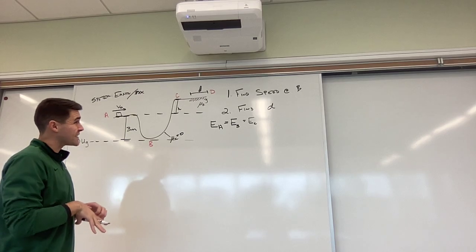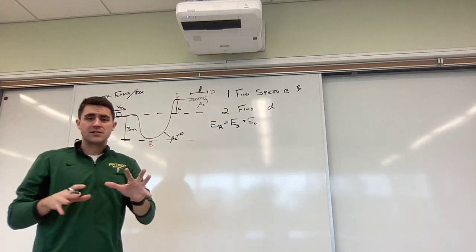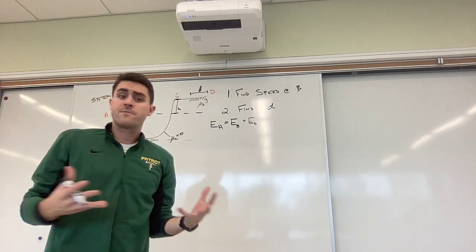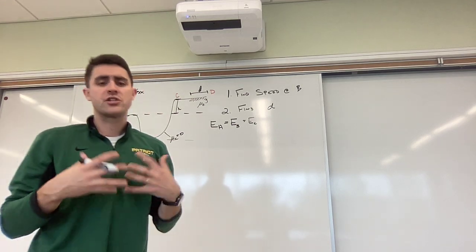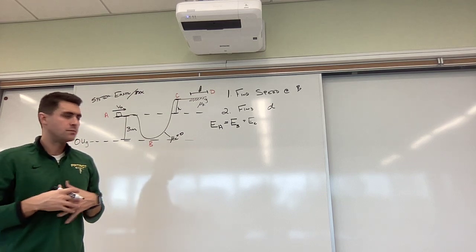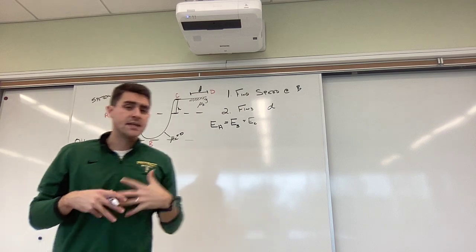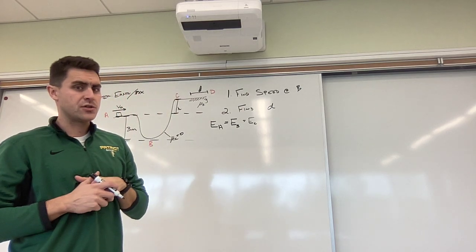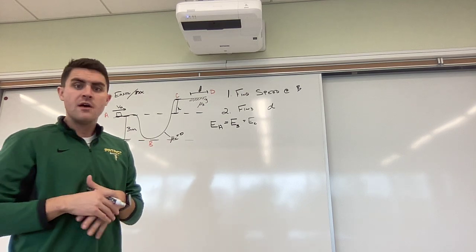Not exactly, because from C to D there is an outside force. The surface produces a force on the box, friction, and it removes mechanical energy from my system. It creates thermal energy and brings this box to a stop. So the energy at D is not equal to the other three energies, and we can't include it in our conservation statement. We'll have to make a work-energy statement when we get there.